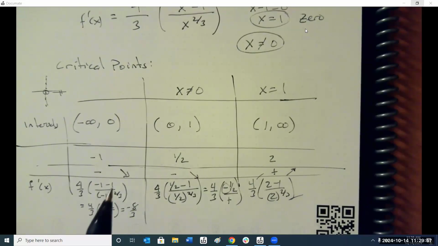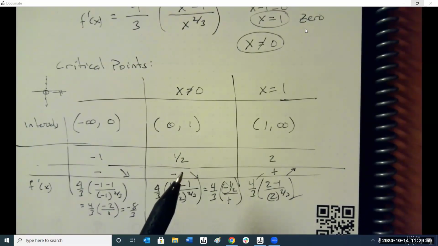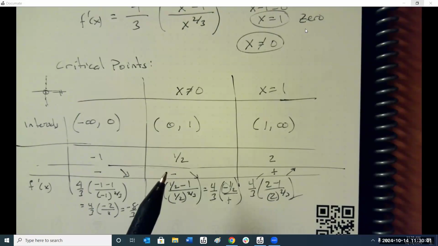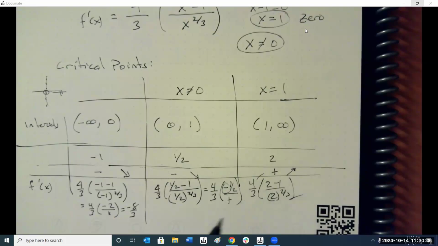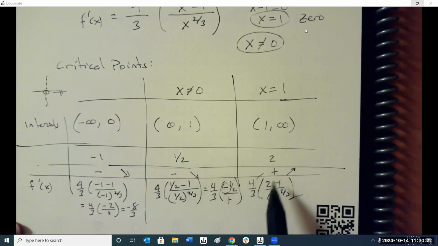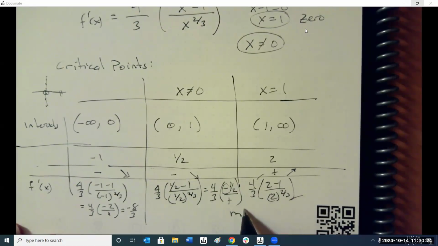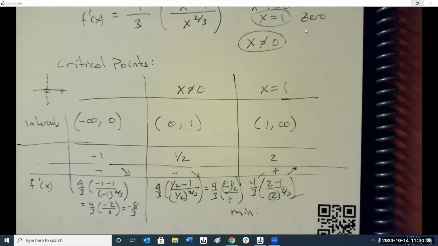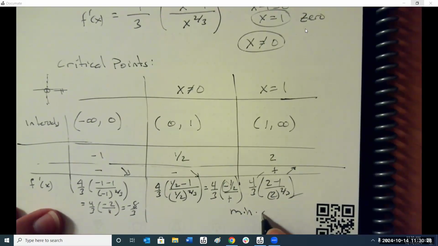So what we see here, we're asked to find, what was the question? Find the intervals increasing and decreasing, check. Find the function's local and absolute extrema points. Well, we don't have any endpoints, so we have no absolutes, because it keeps on going forever and ever. So we have down then up, so we have a minimum here at 1.